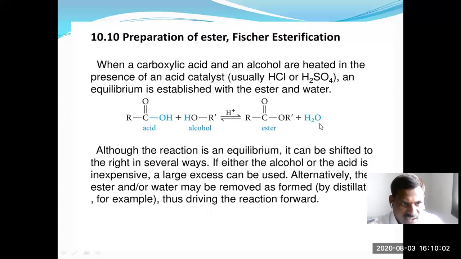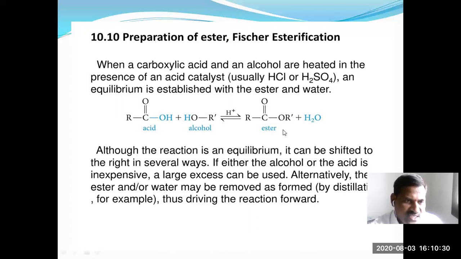In this reaction, one is the forward reaction and the other is the backward reaction. We add the carboxylic acid to alcohol and get the ester, with loss of a water molecule. We add water to the ester and get the carboxylic acid and alcohol.